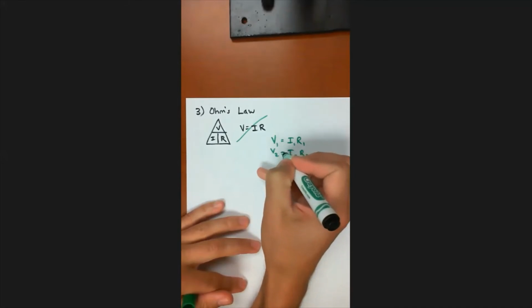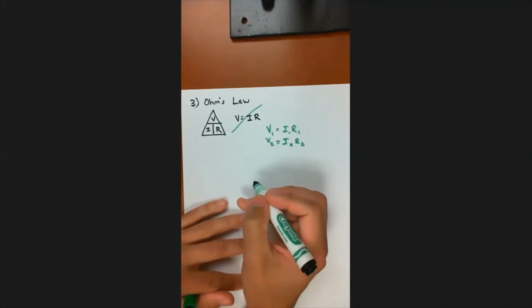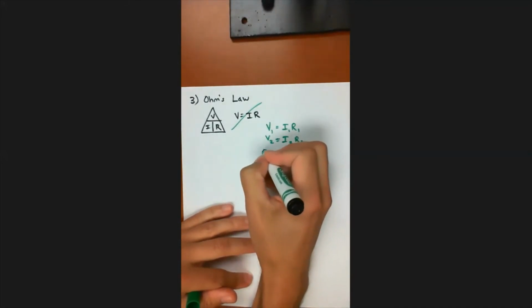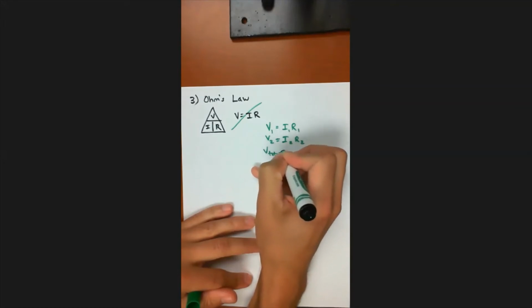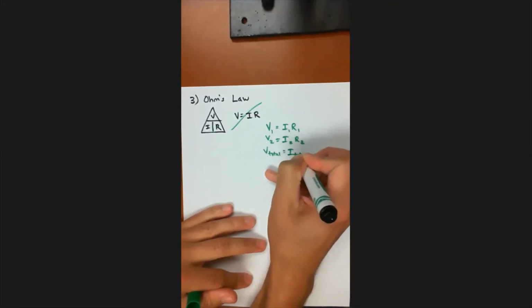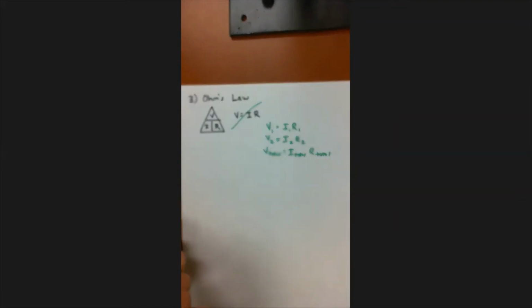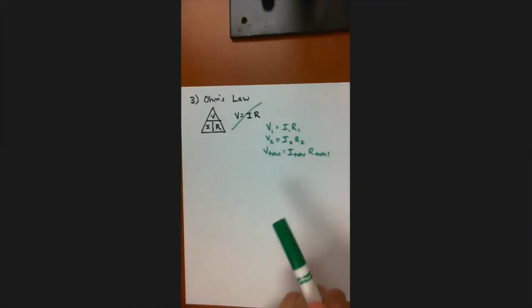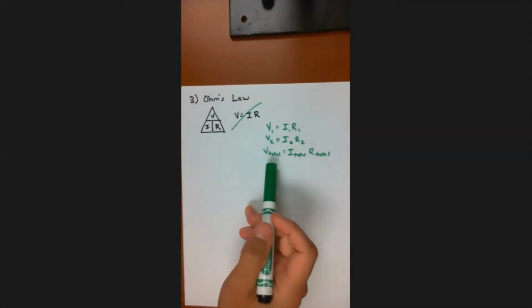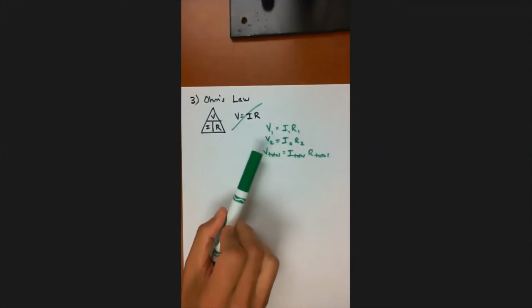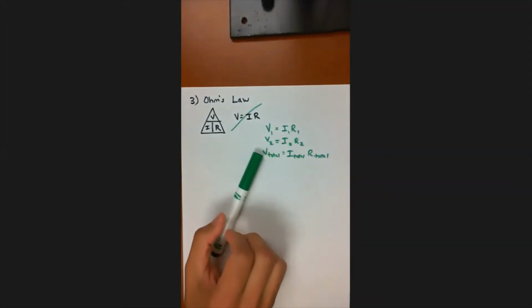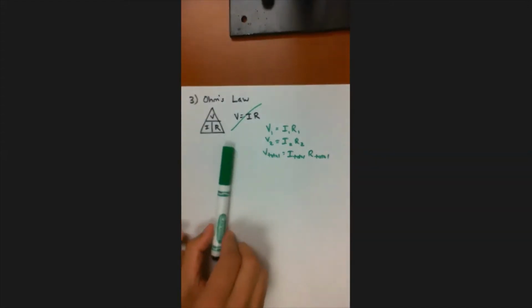Or if you're solving for the voltage of the voltage source or the total, write out V total equals I total R total. I've taught this course a few times, and I've seen this become very confusing when you only write it like this.